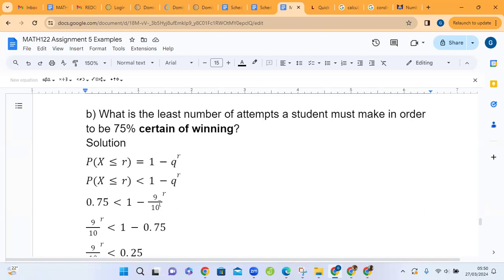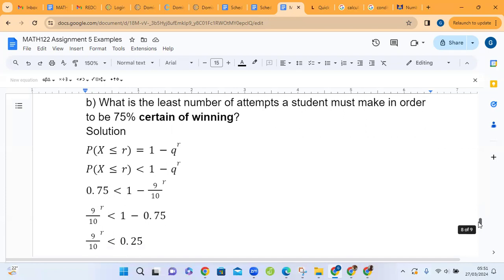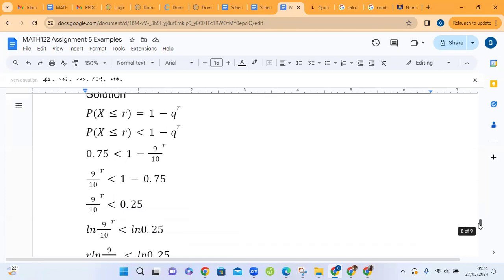And with a simple little bit of algebra, you add 9 over 10 to the R to both sides, and subtract 0.75 from both sides. And that will give us 9 over 10 to the R less than 0.25.